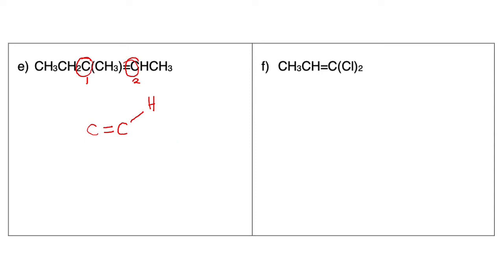Kita lukis proper. Lukis proper means bond itu memang kena dekat. Okay, and then for C1, we actually have CH3 and also CH2, CH3.